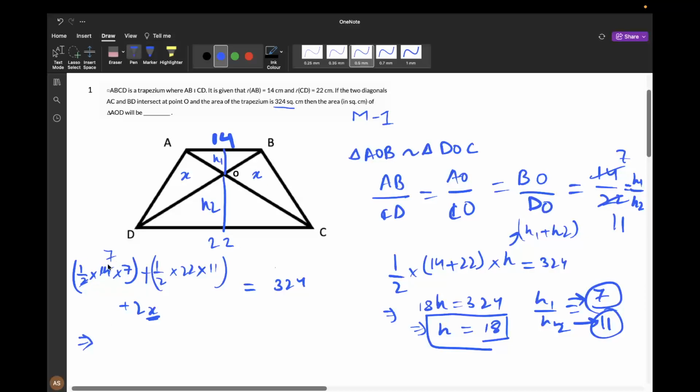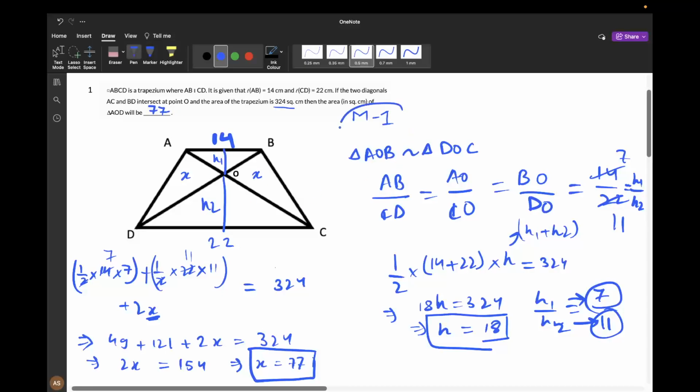So this becomes 49, 7 square, this becomes 11 square, 49 plus 121 plus 2x is equal to 324. So 2x equals, this becomes 170, 154. That is x equals 77. That means the area of triangle AOD, which is to be found out, is 77.